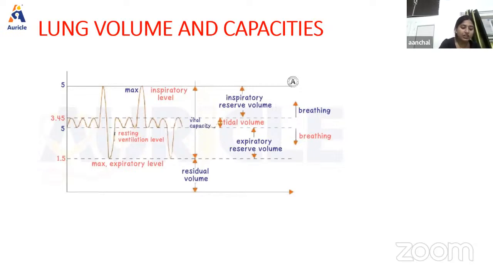So lung function tests are based on the measurement of the volume of air that is breathed in and breathed out during quiet breathing and forced breathing. For that, we carry out the test known as PFT or spirometry. In that, we actually measure the lung volume and capacity. So one by one, we're going to discuss.